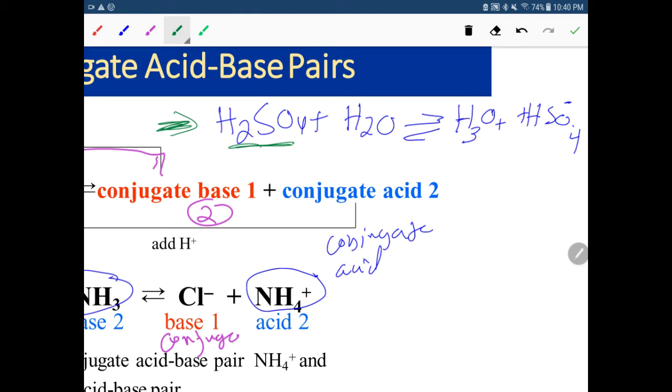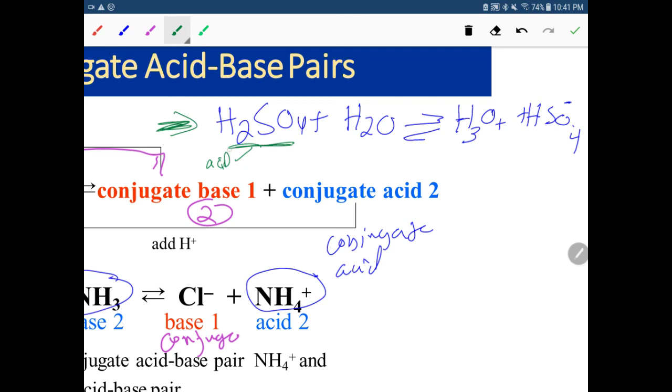What happened here? Here it has two H's, here it only has one H, meaning it lost a hydrogen. A hydrogen was donated, a proton was donated. So since H2SO4 donates a proton to become HSO4 minus, H2SO4 will be our acid in the reactant side.